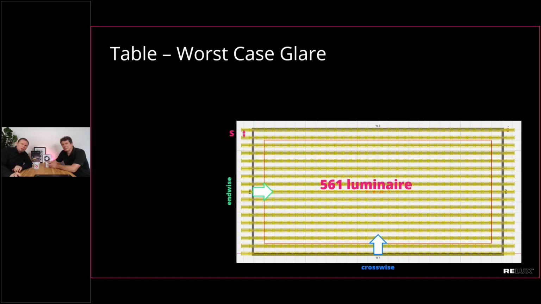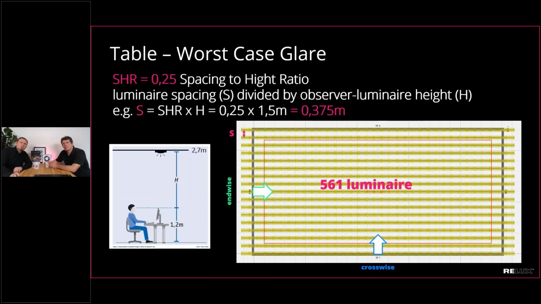Okay, and how can we calculate this? This comes to the spacing to height ratio. I'm sure if you have checked the table, you have maybe wondered why we have the spacing to height ratio of 0.25. This is something out of the CIE 117, which defines the spacing to height ratio as 0.25.